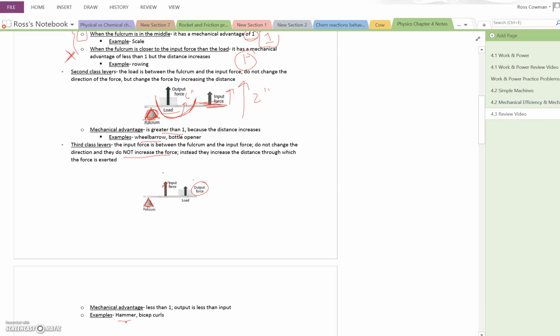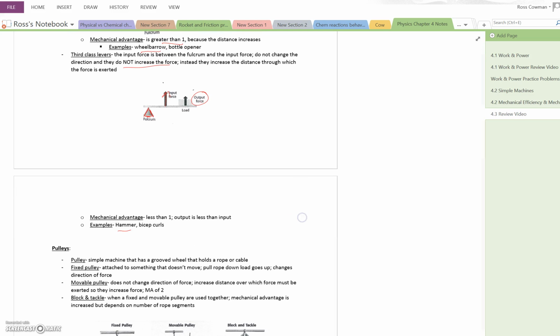The input and output force are swapped here. So in this instance, you are actually increasing the distance of the output force, so the output force is going to be smaller. So this would obviously not be used to pick anything up, but it's instead used to apply a force over a greater distance, such as a hammer when you're trying to nail something in.